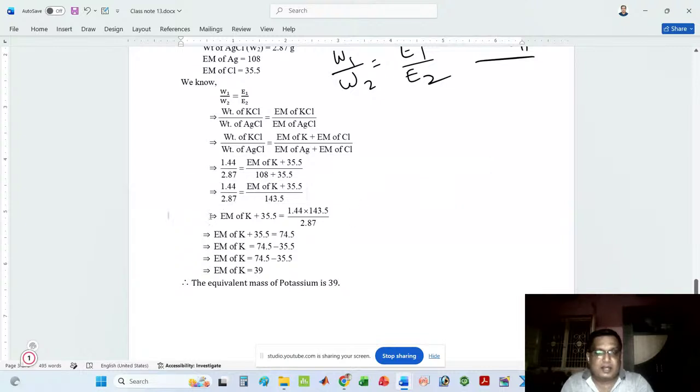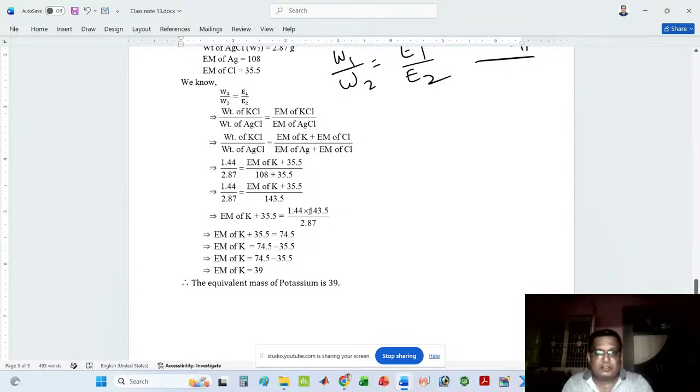Next, here I can solve for the equivalent mass of potassium. Then I can write: equivalent mass of potassium plus 35.5 is equal to 1.44 into 143.5 divided by 2.87.